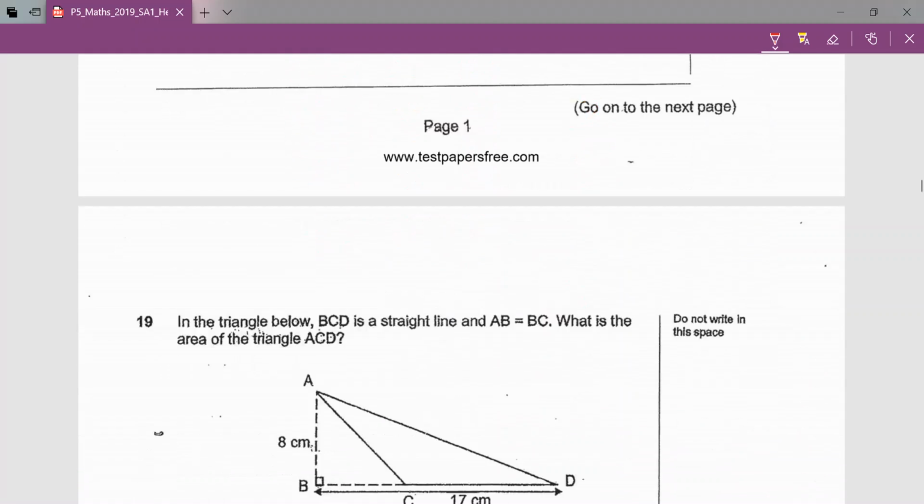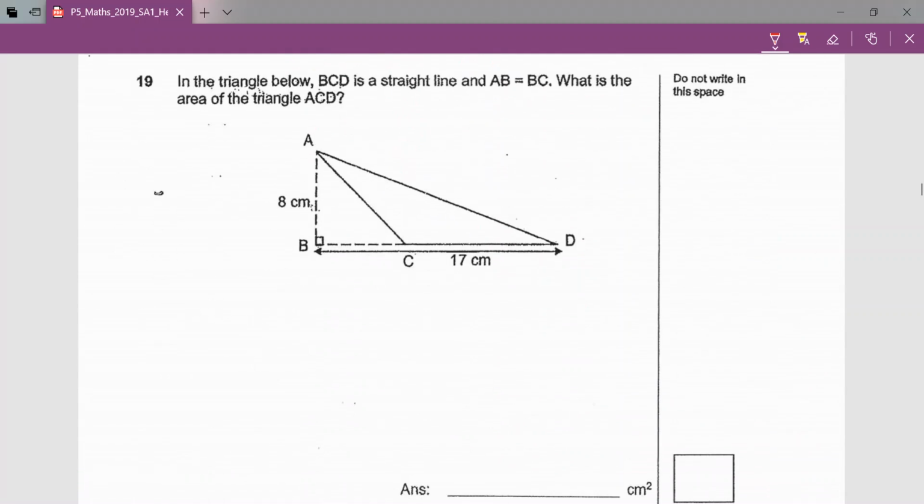In the triangle below, ABCD is a straight line. AB equals BC, which means BC here is 8 cm. What is the area of the triangle ACD? Recall, the formula for area of triangle is half times base times the perpendicular height.